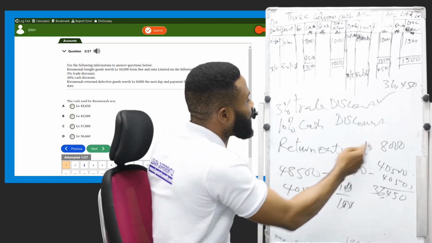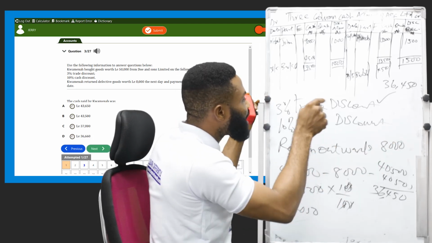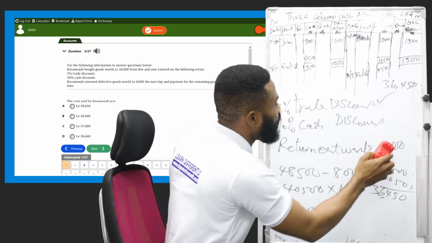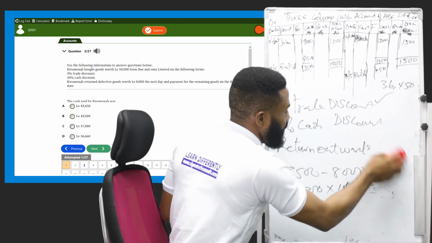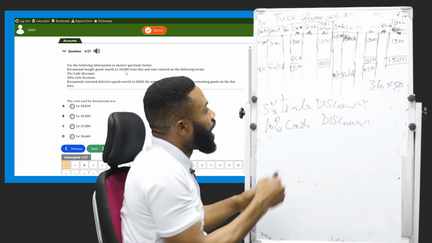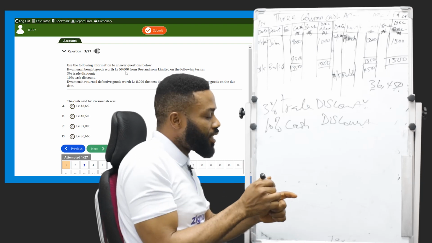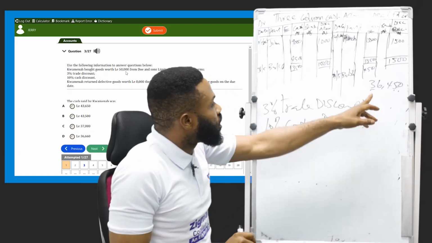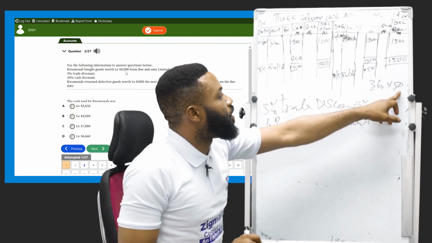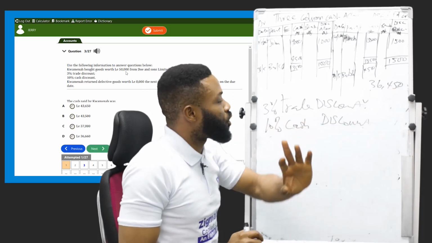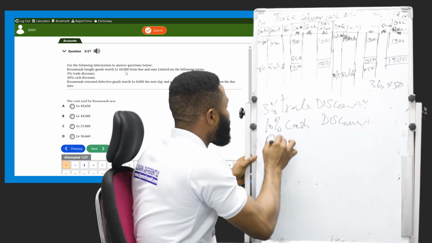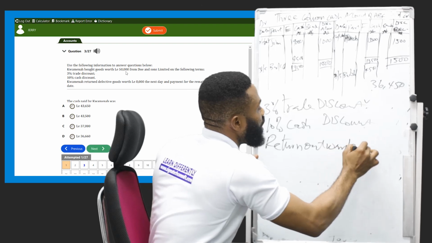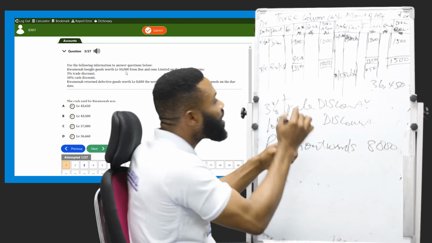We are going to subtract 8,000 from 50,000 before we effect the 3%. Let's do that and see if we get something different. Remember, our return outwards is 8,000.